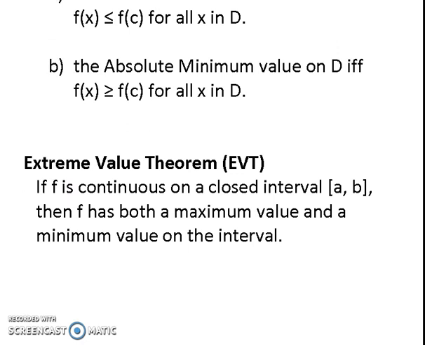Then we have the extreme value theorem, which says that if f is continuous on a closed interval from a to b, then f has both a maximum value and a minimum value on the interval.